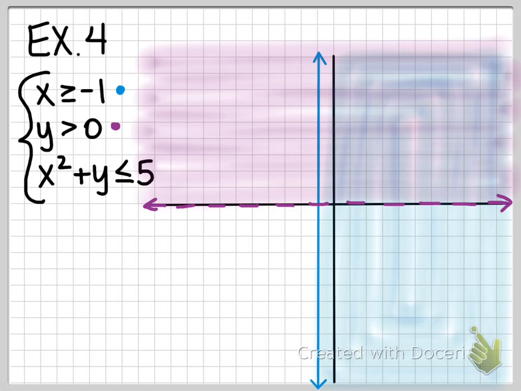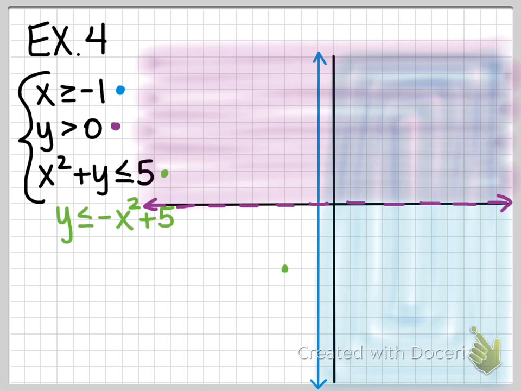So I need to take the third inequality and get y by itself. So this will be y is less than or equal to -x squared plus 5. So you can put this in your calculator and go to the table and find some points to plot.